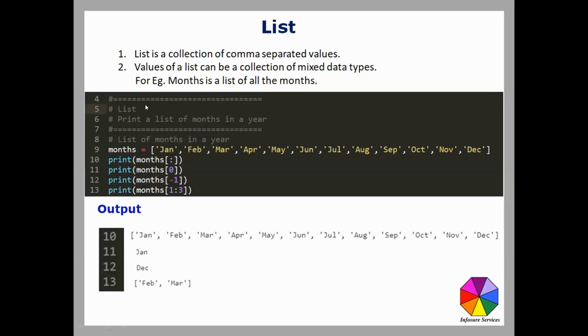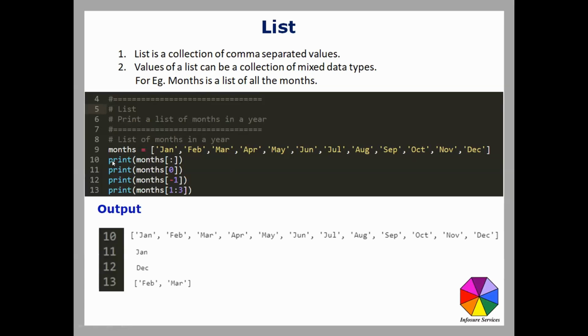But Python allows you to put numbers, booleans, float, everything into one bag. I can have mixed data types inside a list. It will allow. However, in this case, I want each name of the month in 3 characters, so I'm using it this way. Is that clear?